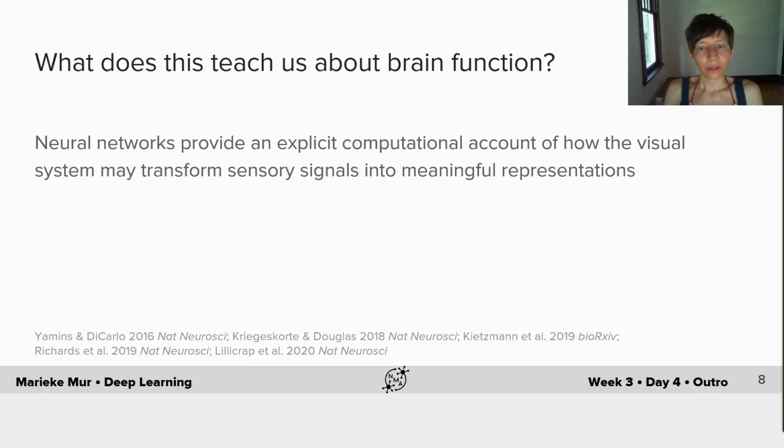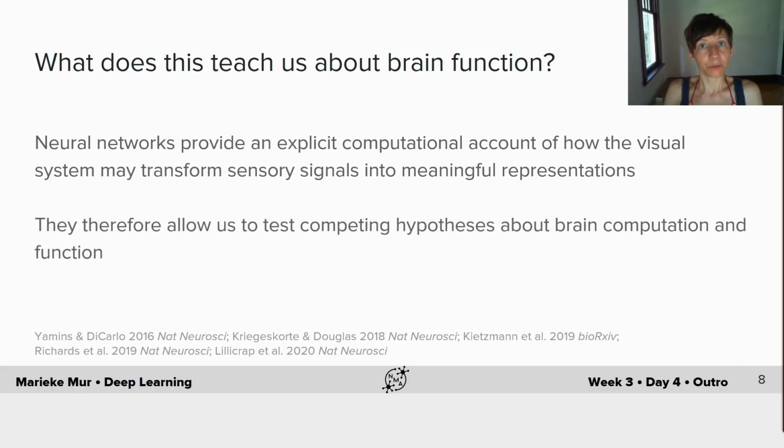In other words, they force the researcher to think deeply about how the brain is organized, how it learns, and what it learns. We can build multiple competing models inspired by existing empirical data about brain function and compare the explanatory power of these models at predicting human behavior and brain data. Models that explain the data well provide plausible computational accounts of brain information processing. Neural networks thus allow us to test competing hypotheses about brain computation and function.